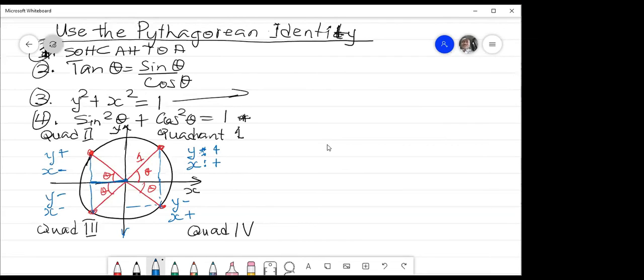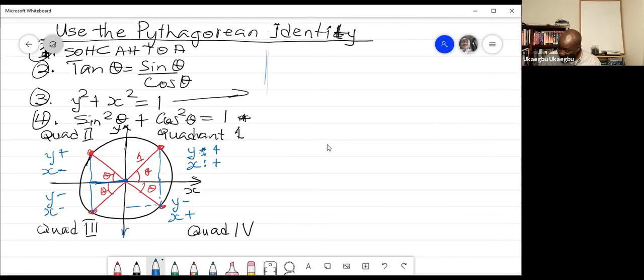Cosine. Okay, so we are doing quad 3, and you want cosine. So cosine theta is always adjacent over hypotenuse. So in this case, you can see the adjacent is what?